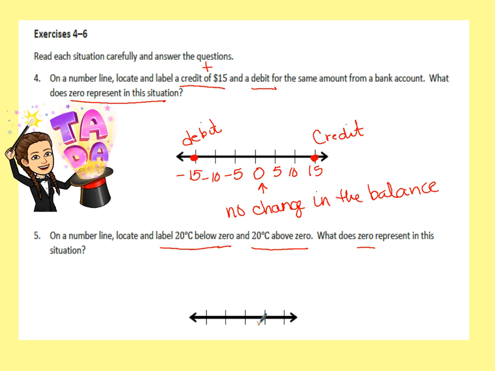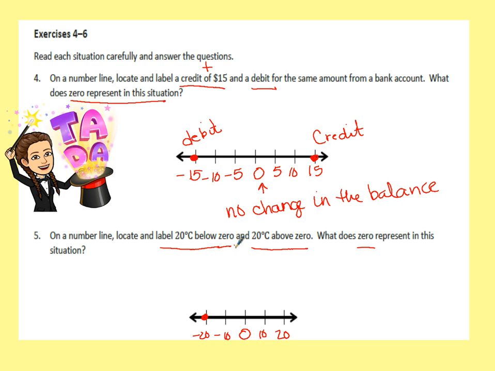What do we want to count by here? Well, they don't give me enough lines for me to count by 5, so that must be too small, right? What about 10s? 10s would work. If I put a 0, 10, 20, and -10, -20. And we're going to go ahead and plot 20 degrees below. Below means negative.